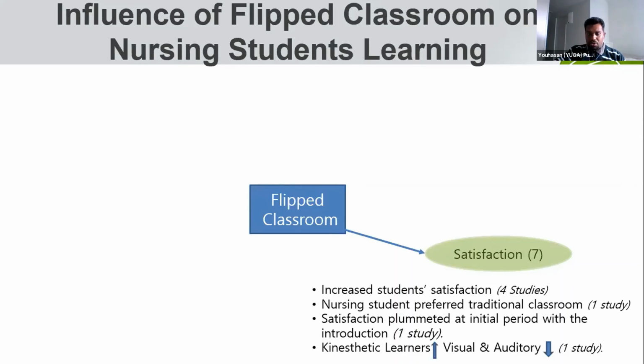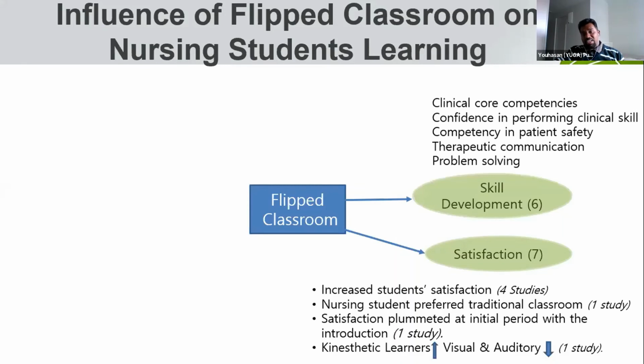It is important to note that student satisfaction dropped in the initial period of the introduction of the flipped classroom. Later on, it shot up. It is interesting to note that students with the kinesthetic learning style were satisfied with the flipped classroom. Students with visual and auditory learning styles were less satisfied with the flipped classroom.